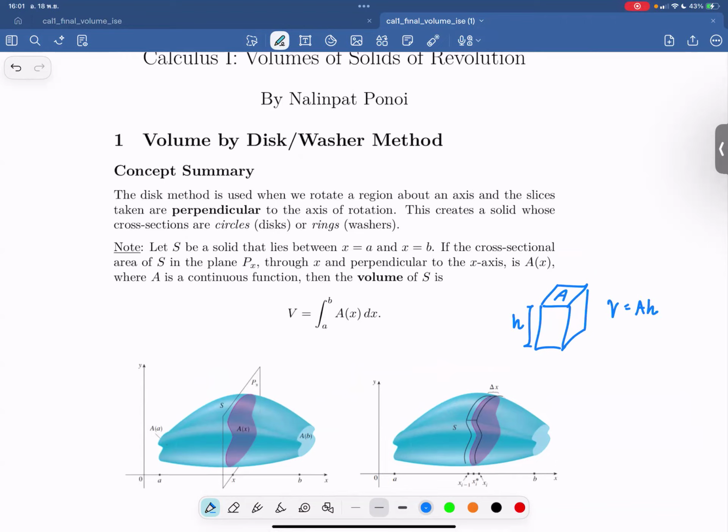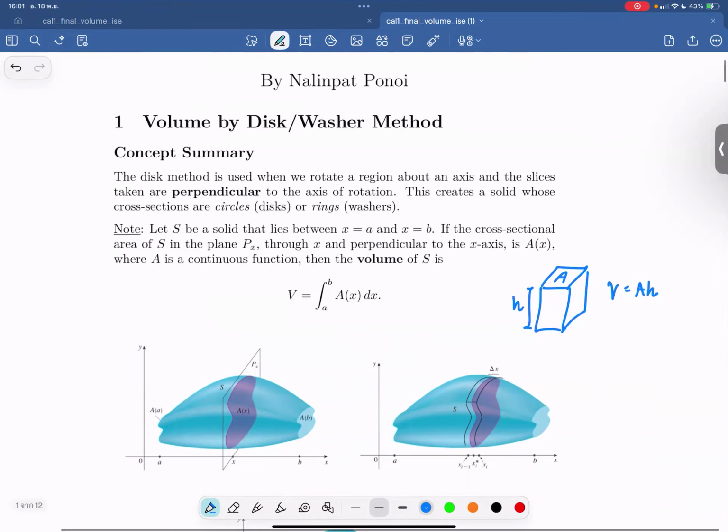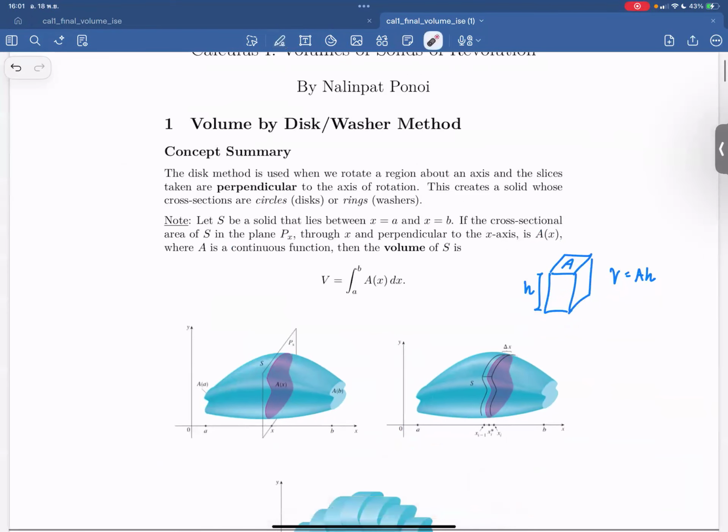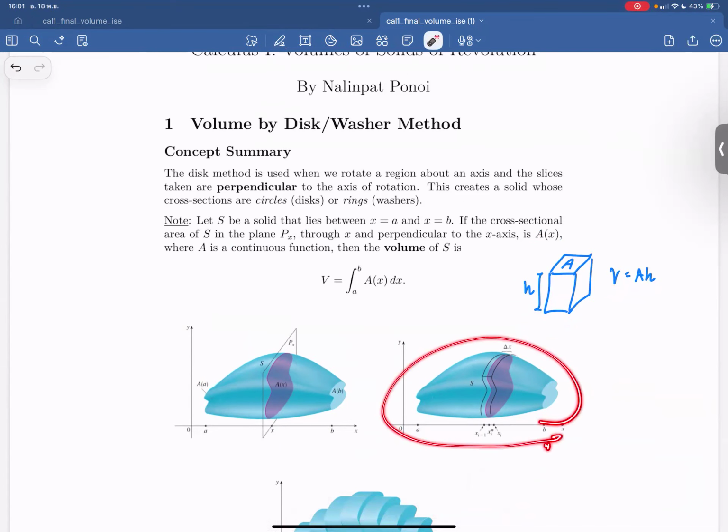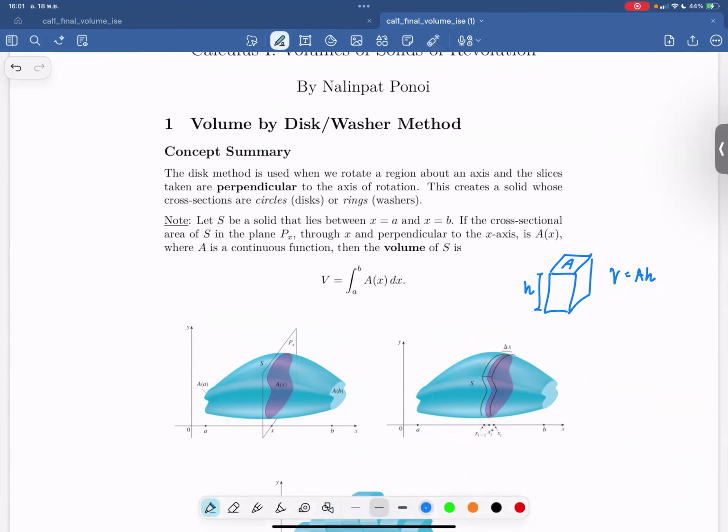So we try to extend this concept to the volume of any shape. It may not be a prism anymore, but any general shape that you would like to find its volume.